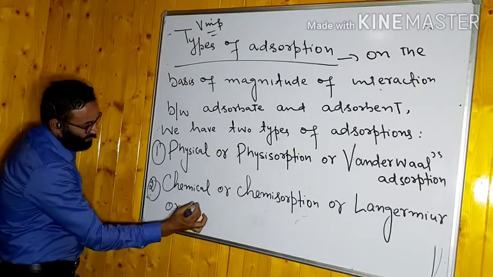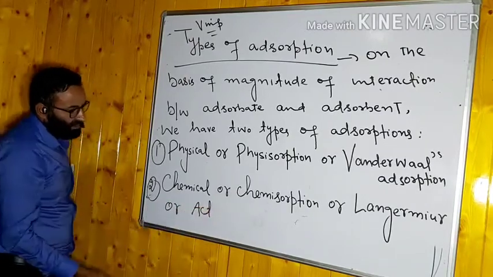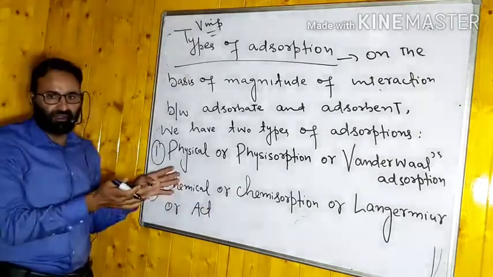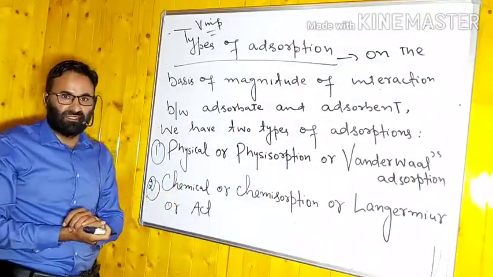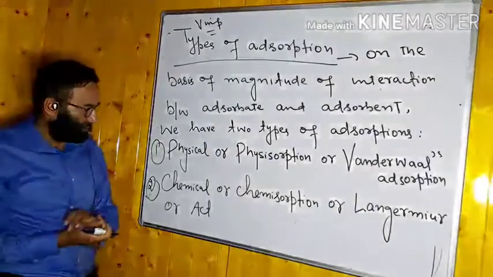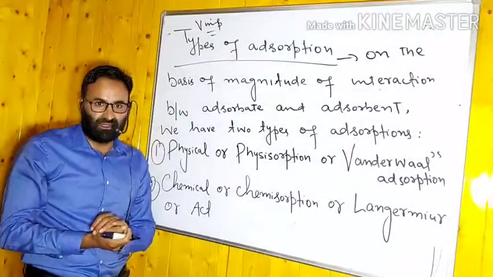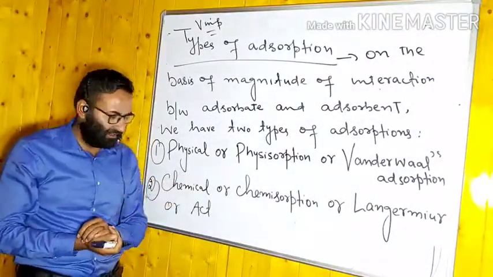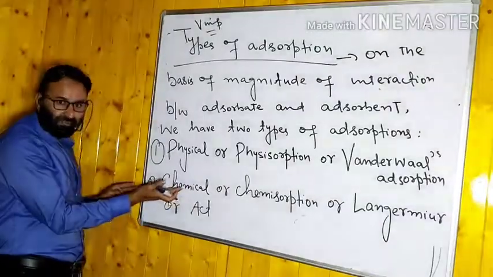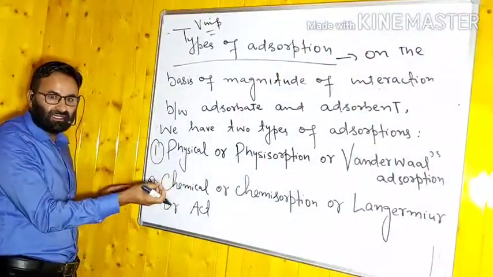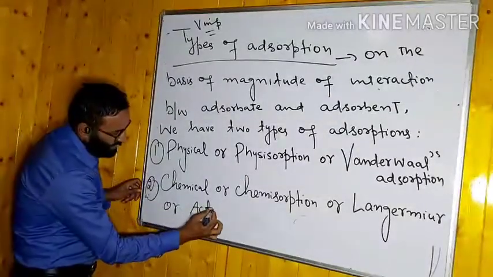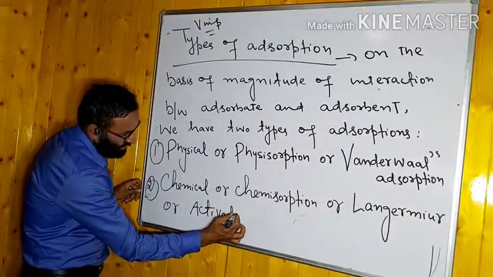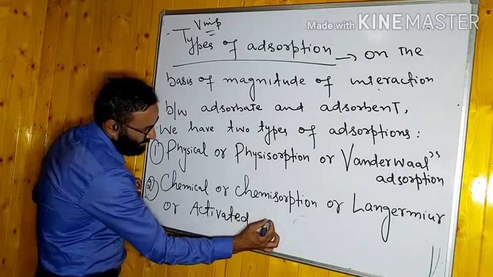Because it involves the formation of real chemical bonds, and you know for every reaction we need some energy. You have heard in chemical kinetics, we call it activation energy, so that the bonds will be formed. Hence it involves chemical bonds, hence we have to increase temperature, hence we have to supply energy, hence it is known as activated adsorption.